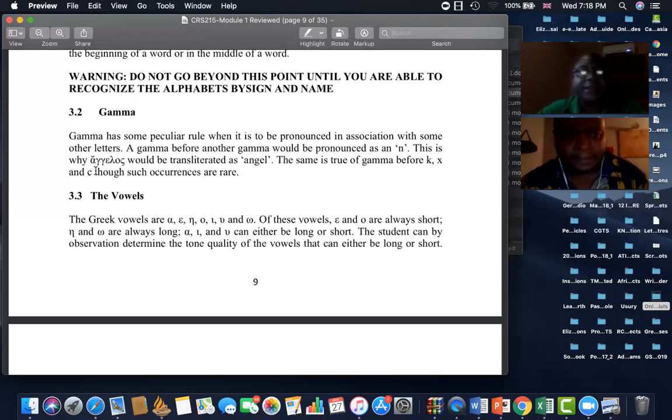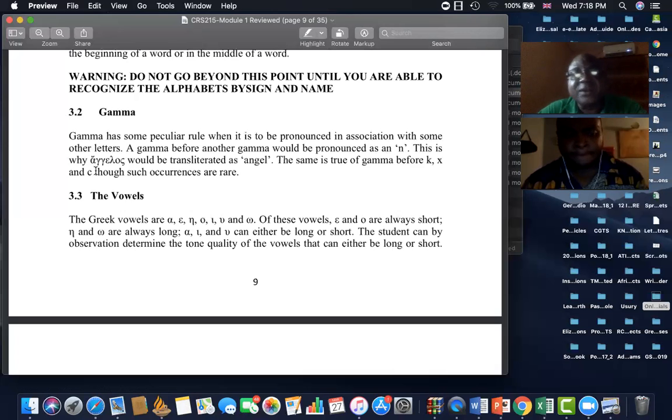Very soon you will know the difference between translation and transliteration. Now, the vowels in Greek are alpha, epsilon, eta, omicron, iota, upsilon, and omega. How many letters? 7 letters. Let's go through them again.